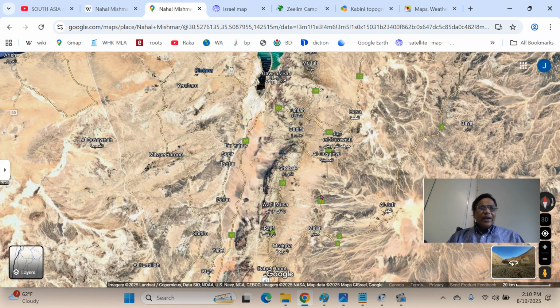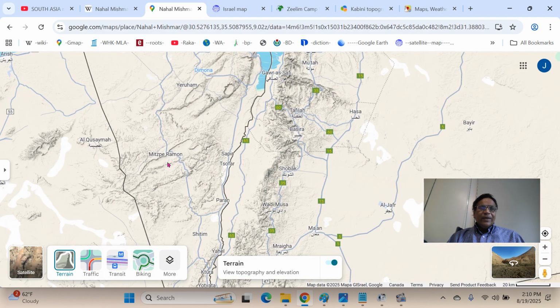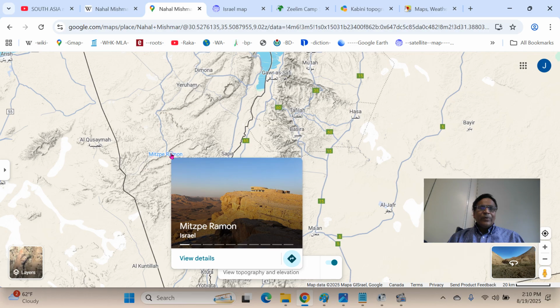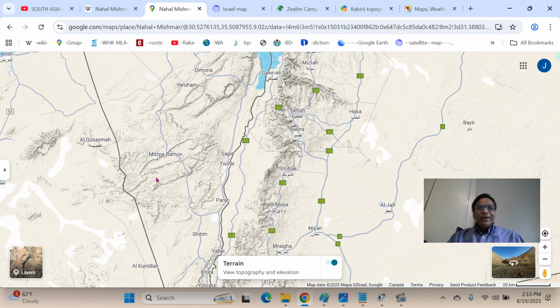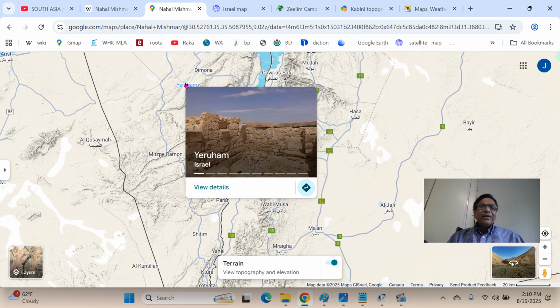The same thing I am trying to show here, and you can see Mizpe Ramon here. This is the bigger crater. You can see Mizpe Ramon, Ramon crater, and that is drained by Ramon Nahal Wadi, that joins Nekarot, that eventually goes near Sepir. This is the Arava Valley, and this is Yeruham town.